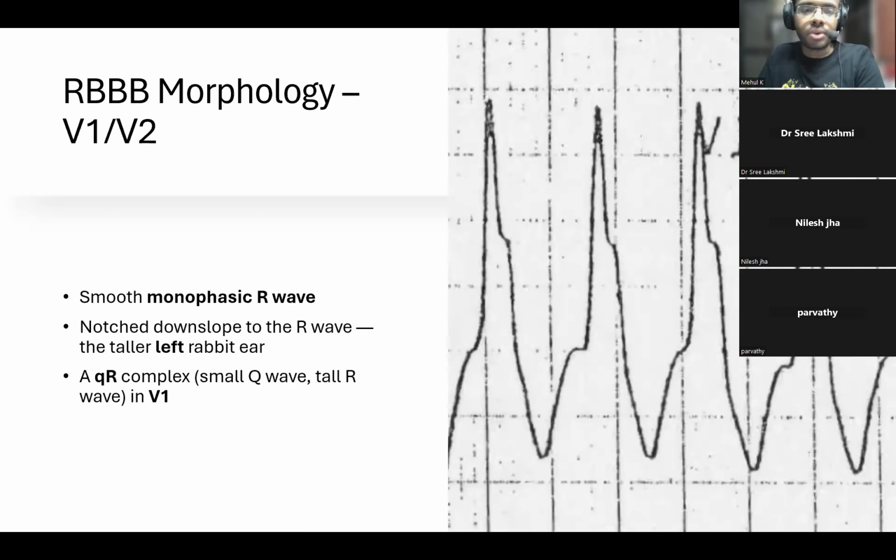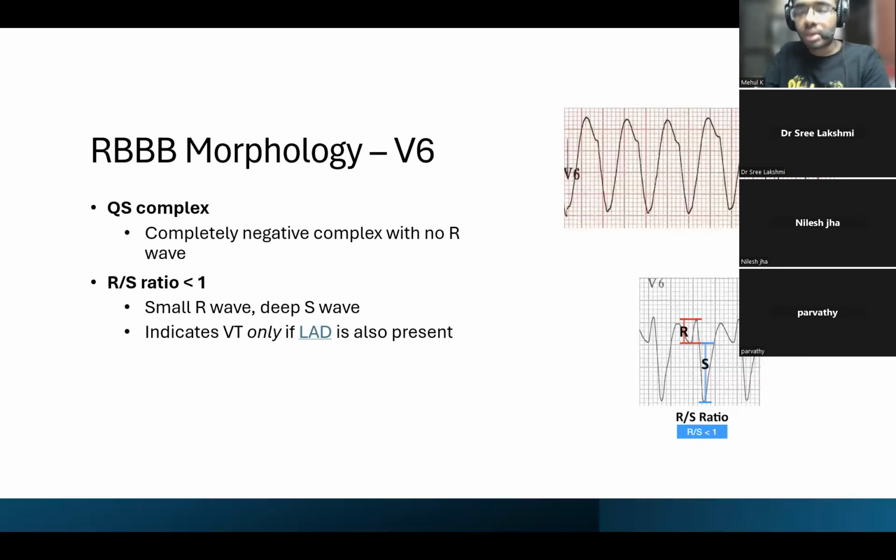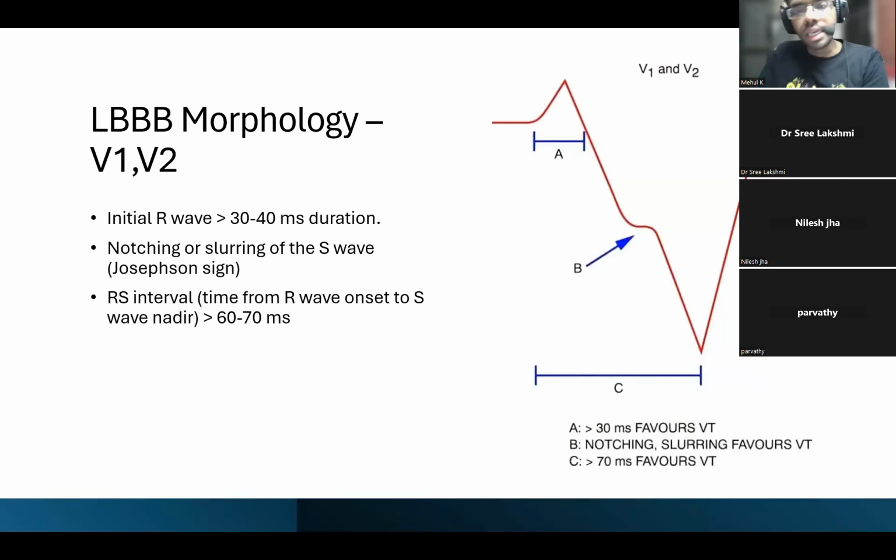Again, just review RBBB morphology V1 to V2: monomorphic R wave, taller left rabbit ear, QR complex, V6 QS complexes or R by S ratio less than 1. For LBBB, V1, V2, initial part of the QRS, the initial R wave more than one small square, VT.